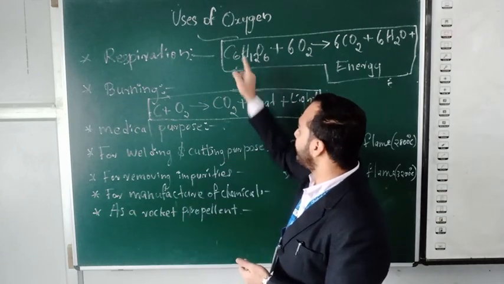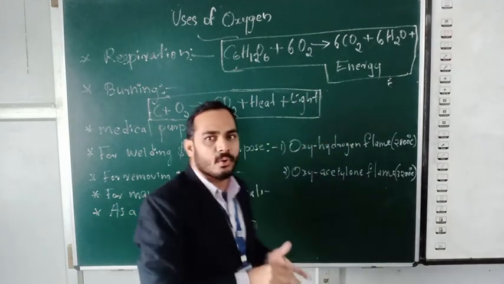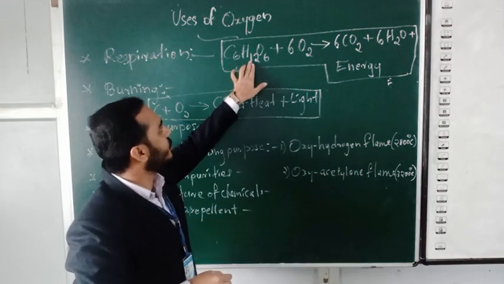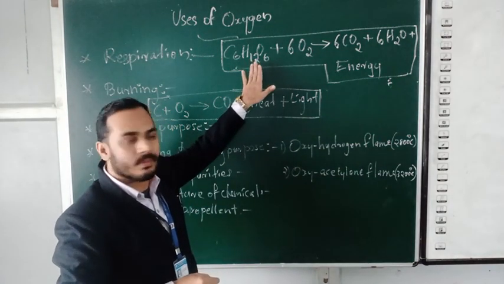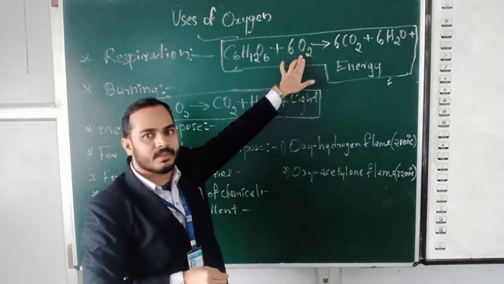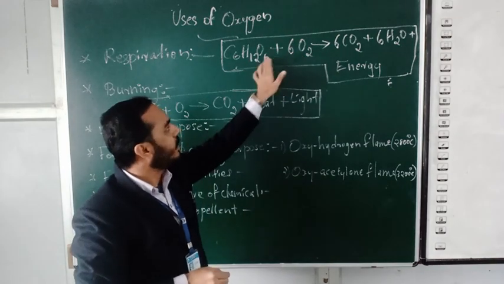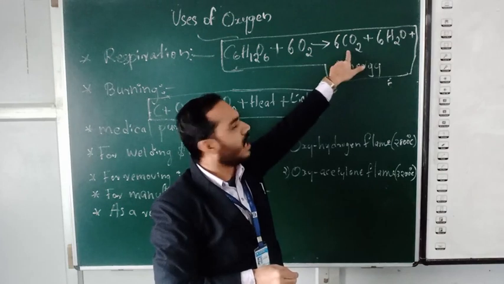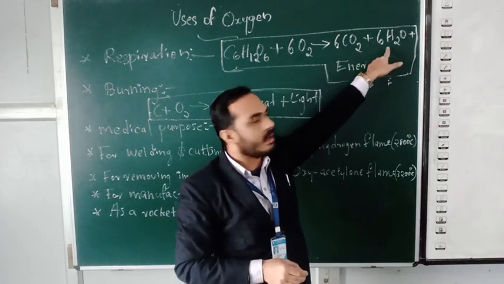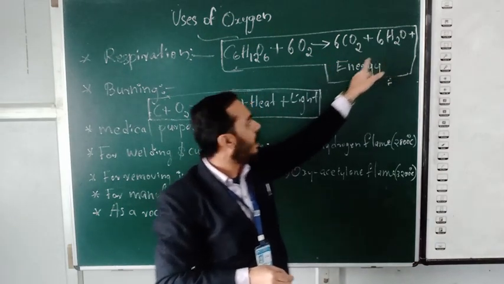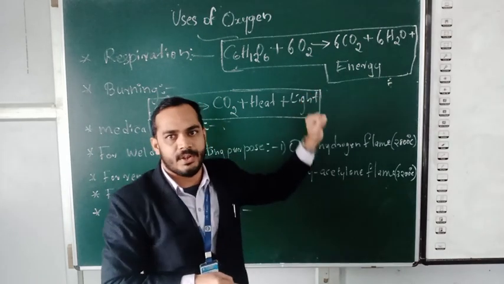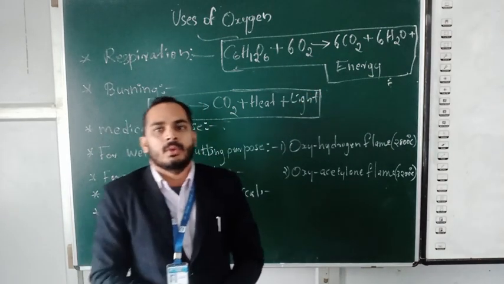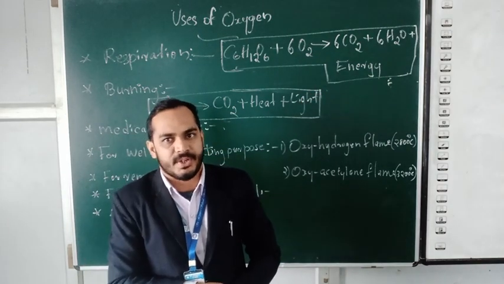The food is simply glucose, C6H12O6, and it reacts with oxygen to form byproducts. The first is carbon dioxide, the second is water vapor, water molecules, and mainly energy. This process is called respiration.